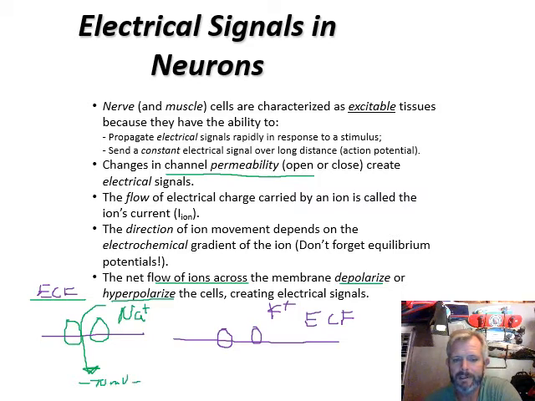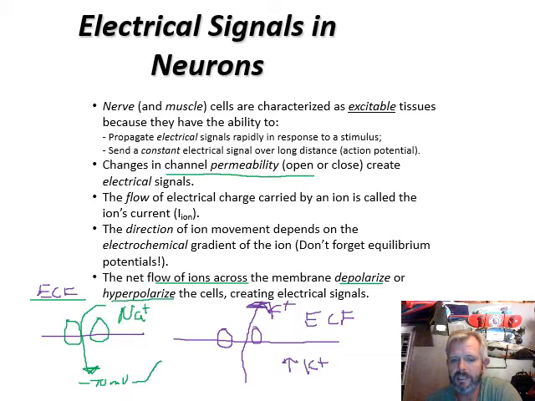Here I open up sodium channels. More positive ion is coming into the cell, and that's going to cause my depolarization. Now potassium, where's potassium? Potassium is high inside. So if I opened up gated potassium channels, more potassium is going to leave than what's happening at rest.